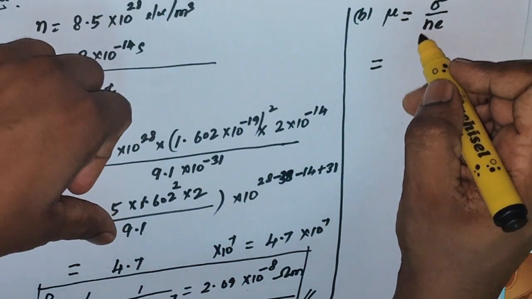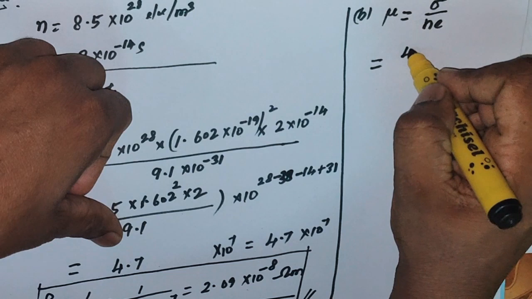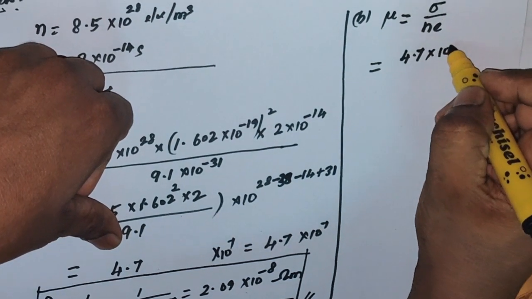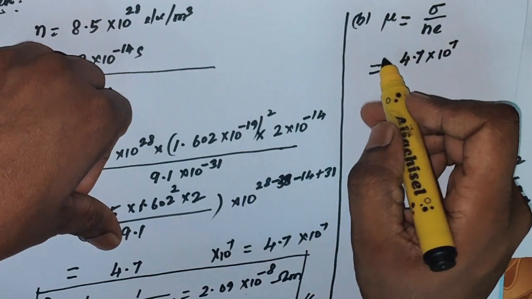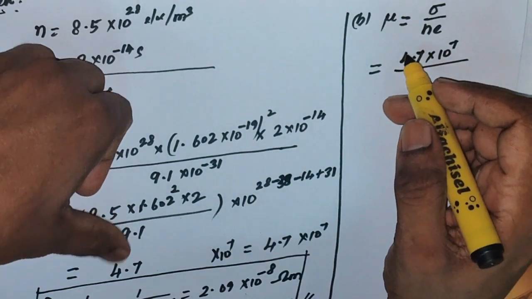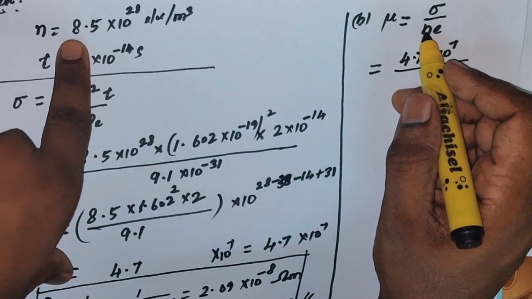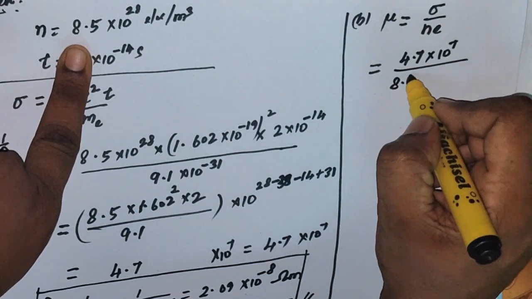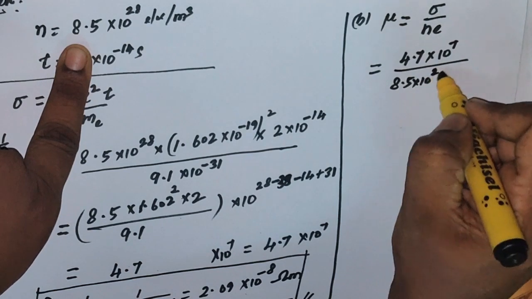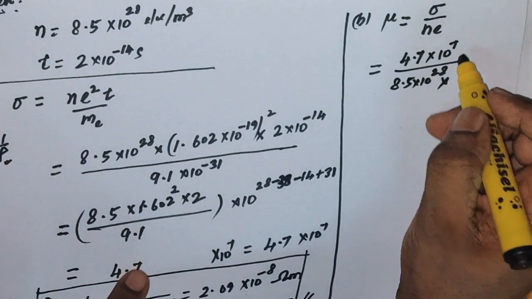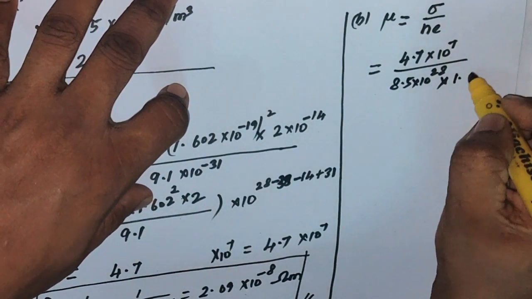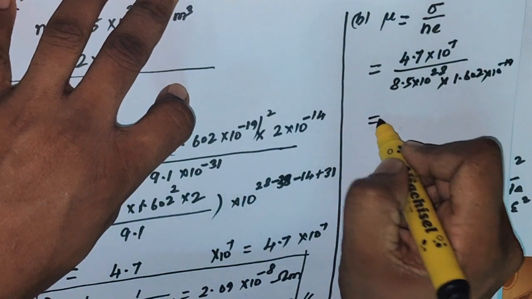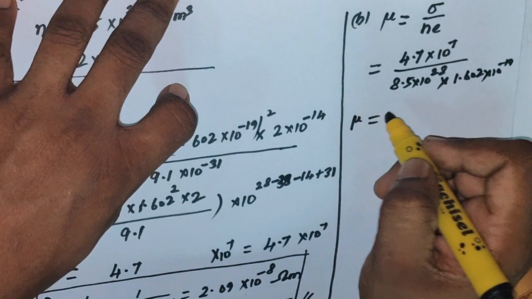We have the conductivity result, 4.7 into 10 power plus 7, divided by the number density, 8.5 times 10 power 28, into the electronic charge, 1.602 into 10 power minus 19, which equals mu.